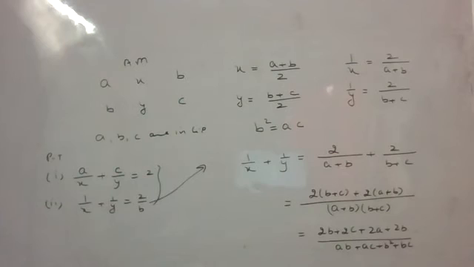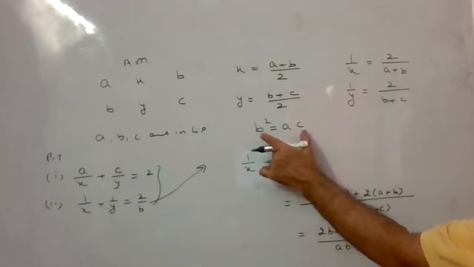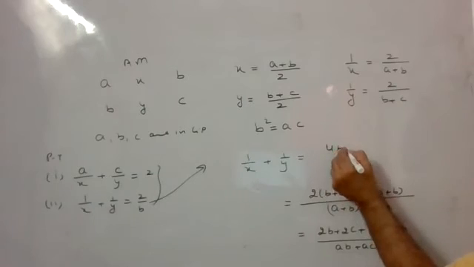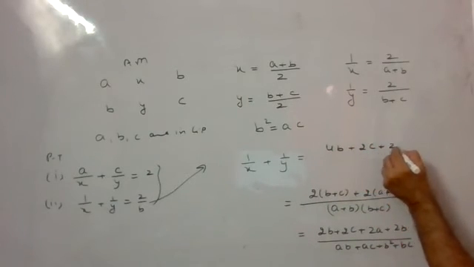Yes or no? I want the numerator to give 2 and the denominator to give B. So from below, B should come common. We have B square is AC. 2B square. Now first look at this, 2B plus 2B, what is it? 4B, plus 2C plus 2A.